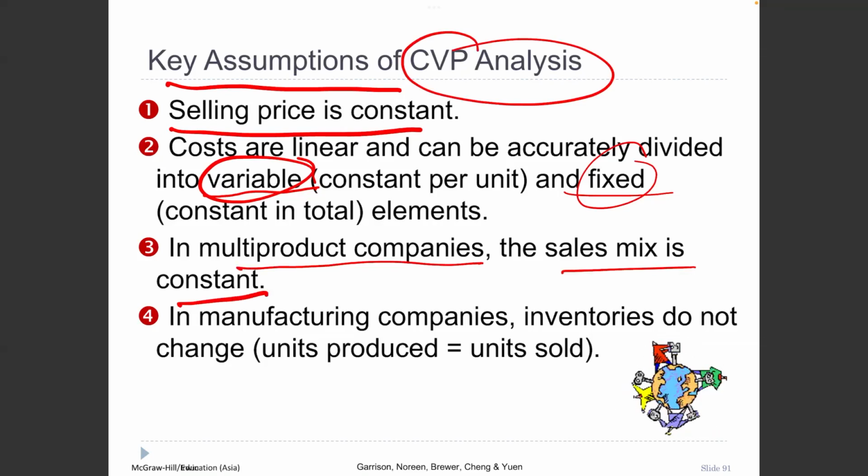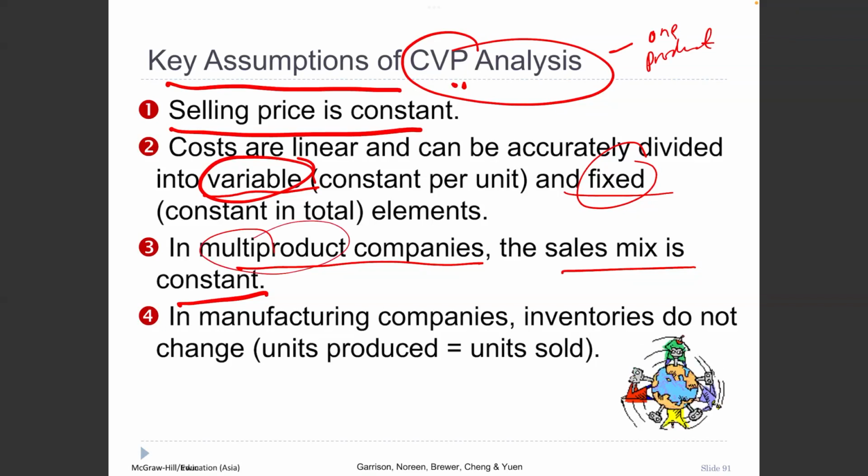In multi-product companies, the sales mix is assumed to be constant. As you have seen now, you are only doing CVP analysis for one product. If you have multiple products, the CVP analysis will be a little bit more complicated. If the sales mix is constant, you know how much of each product you have.